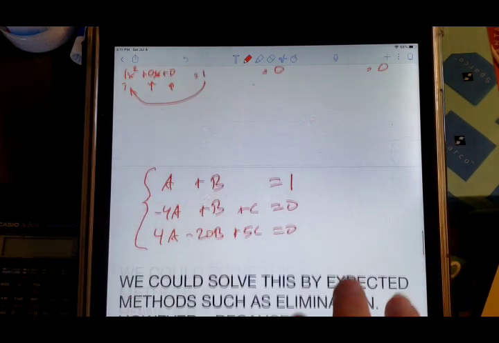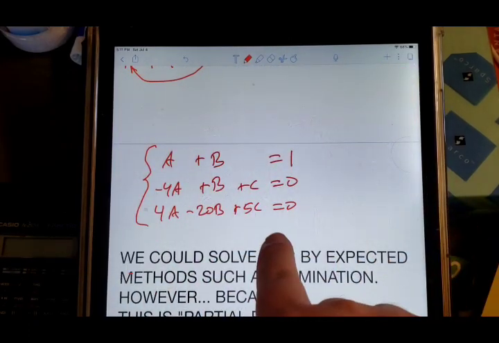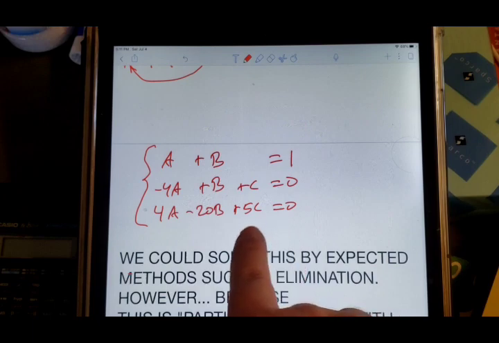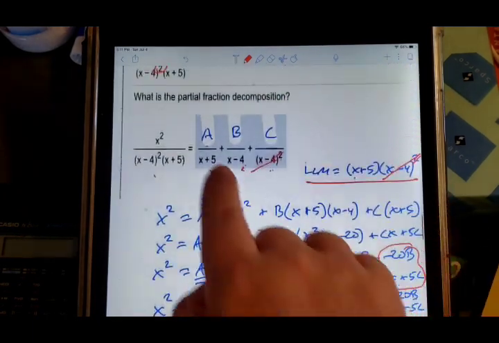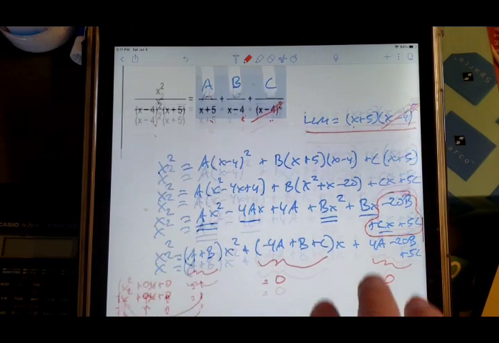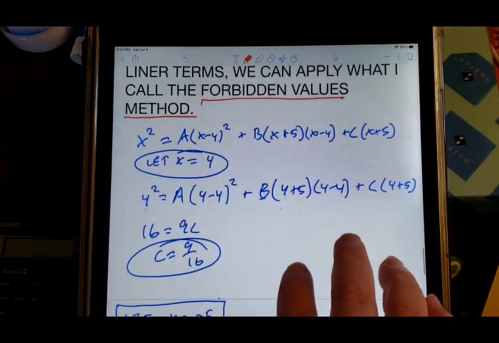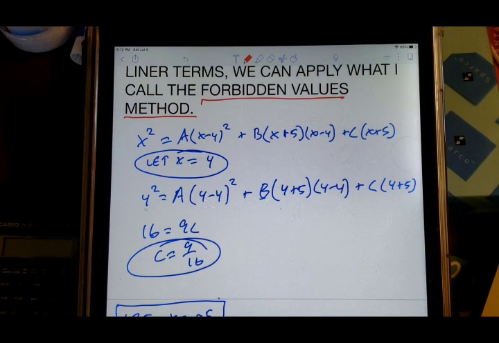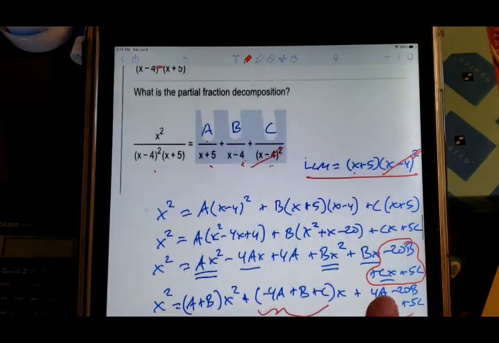I said it earlier, our job is not to do a lot of work. Although there's still quite a bit of work left, our job is to find A, B, and C. And if there's a bit of a shortcut to find A, B, and C, we should use it. And here is the shortcut.